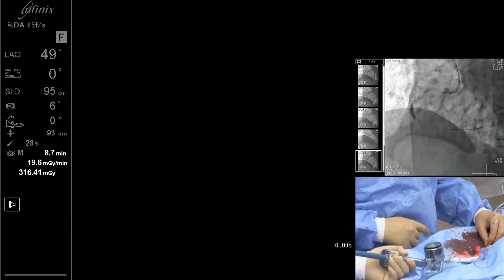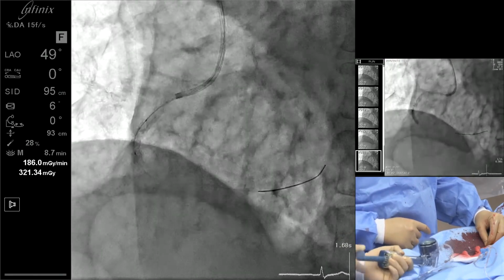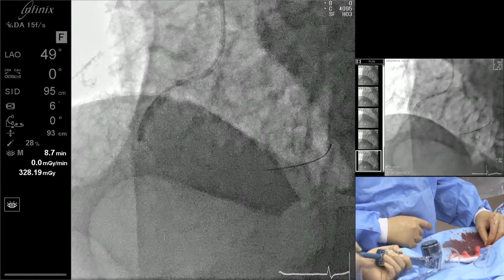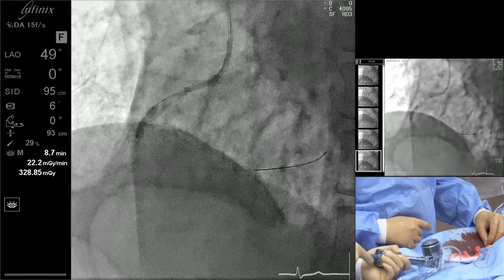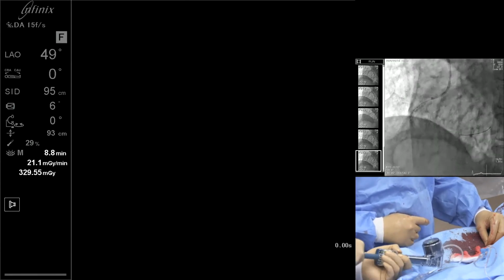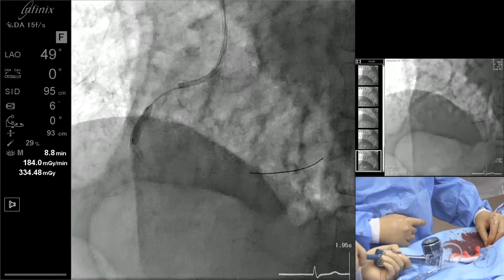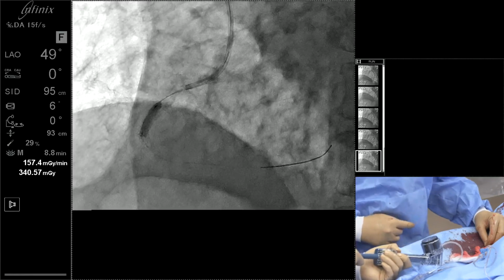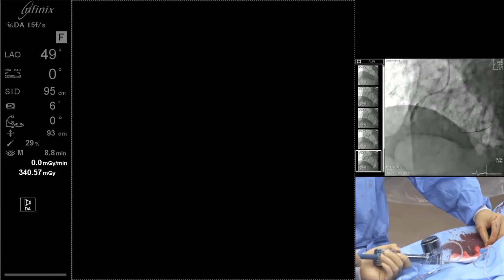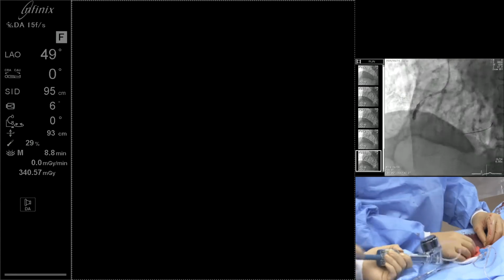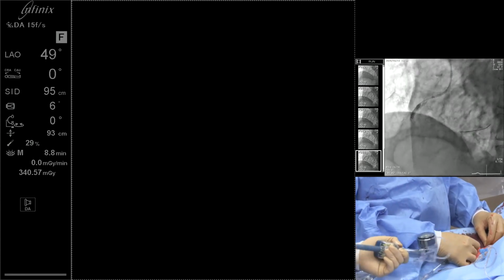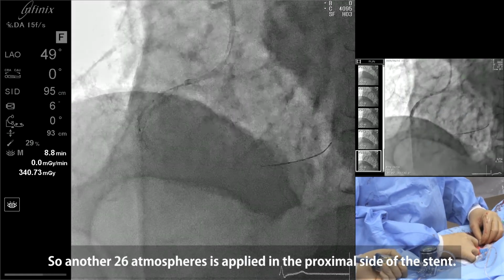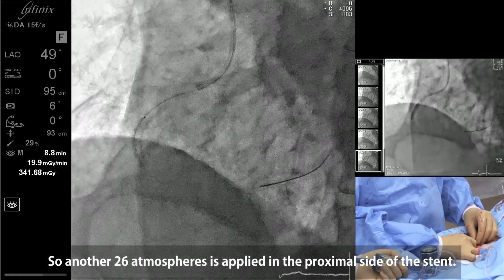So another 26 atmosphere is applied in the proximal side of the stent.